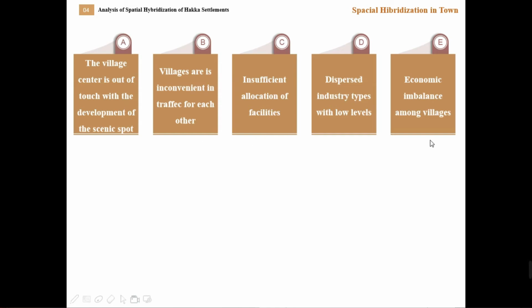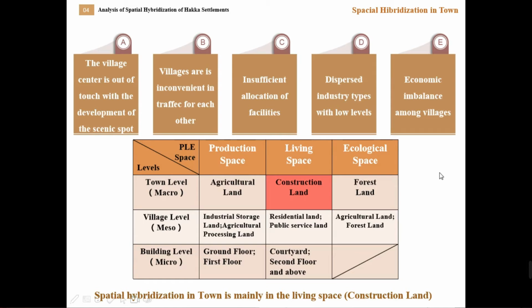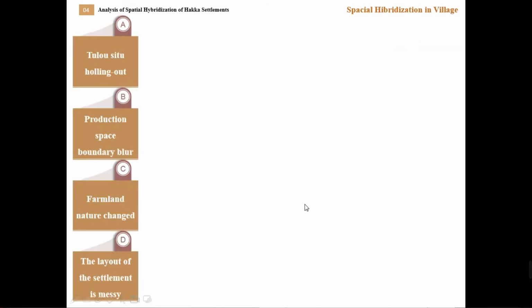So coming up are all the issues of the town area. Those are the issues, as you can see. The most important at town level are the construction land and the living space. That's the issue that we would like to solve. As for the village level, those are the issues.